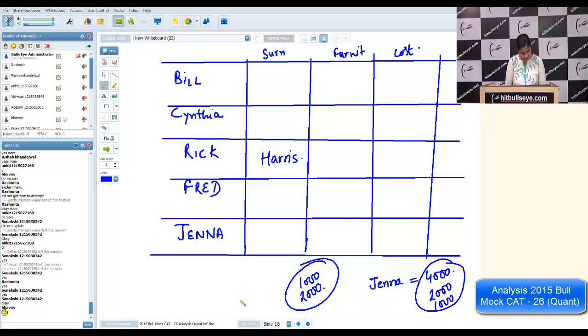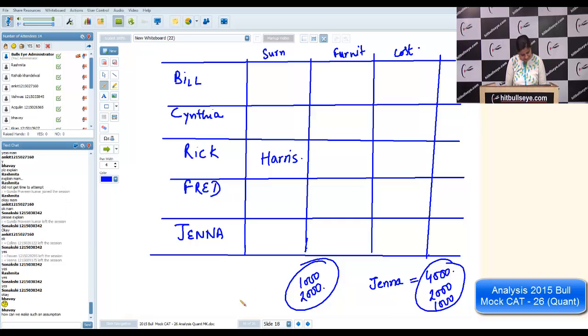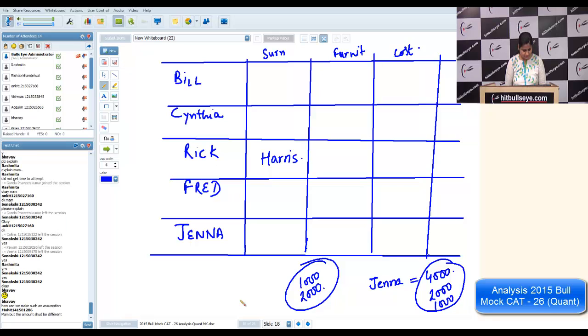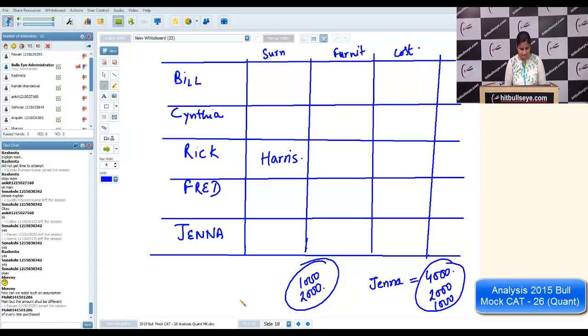Now there is one more statement which says that the coffee table was sold for a value that was twice the value of the item sold by Moore. That's why we have to reject this, Bhavya. I took a case where I was considering Rick and Harris, Rick Harris, as a complete name.